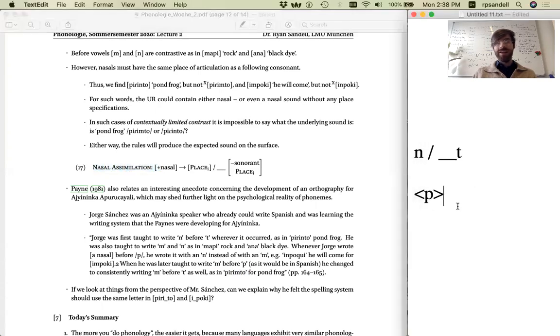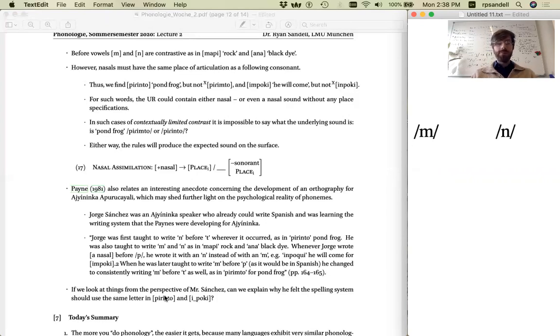And again, we have the difficult problem that we're not exactly sure how that phoneme should be represented. It's clear that the language has a labial nasal phoneme and an alveolar nasal phoneme.